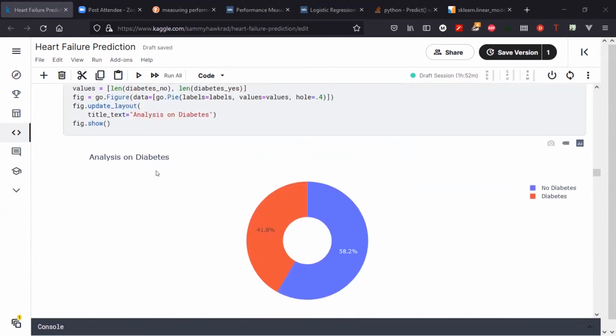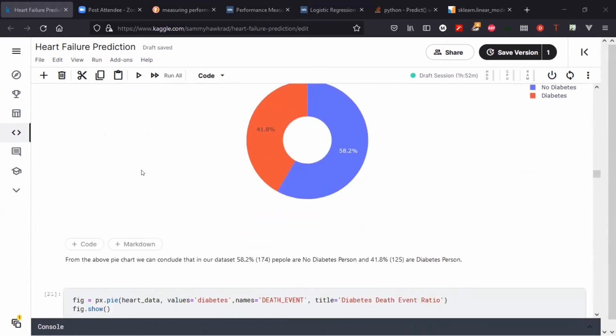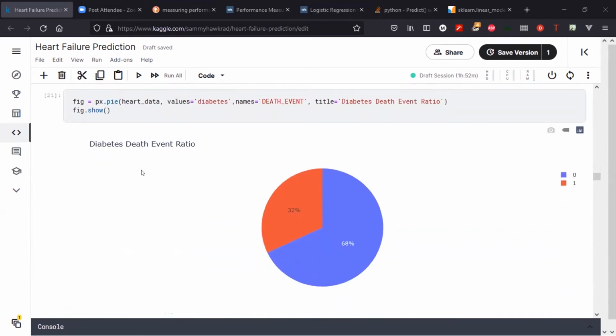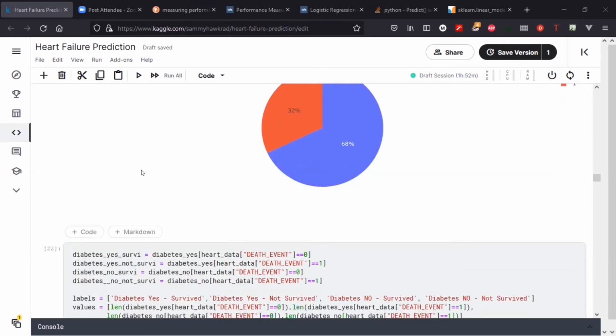There's also analysis on diabetes. In our entire data, 58% of the people had no diabetes and 41.8% had diabetes. And out of that, 31% of those who have diabetes died and 68% survived.